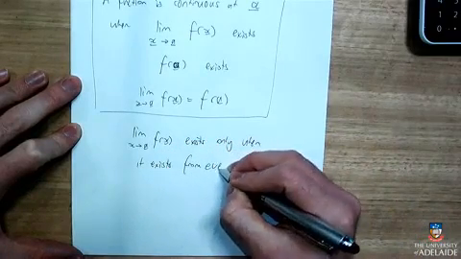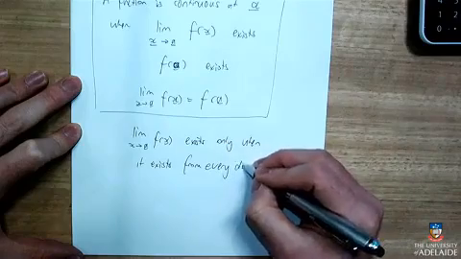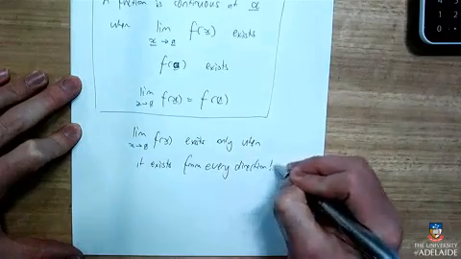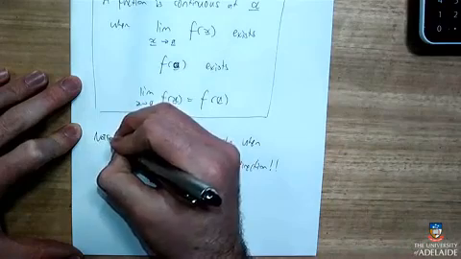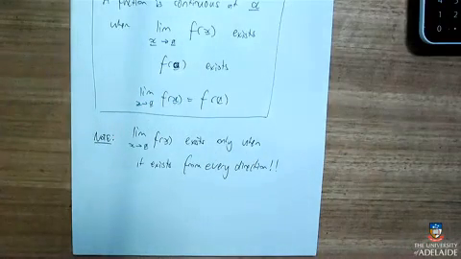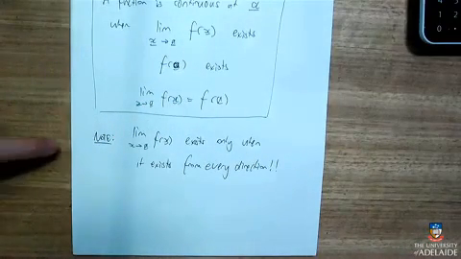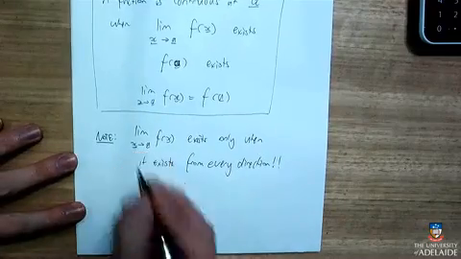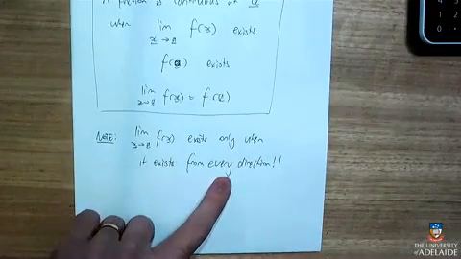The limit as x goes to A of f of x exists only when it exists from every direction.